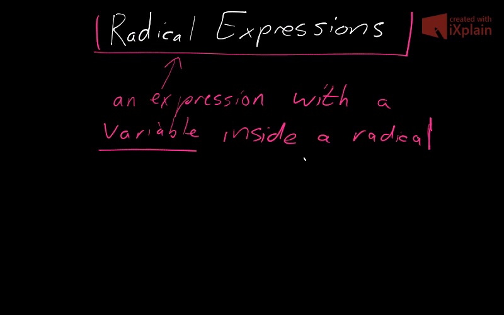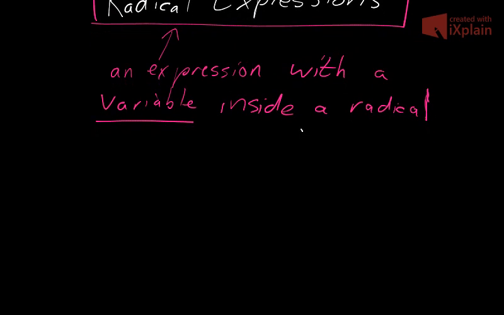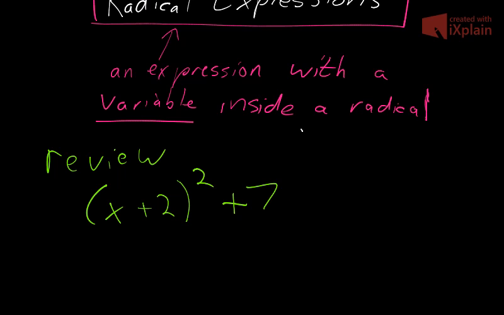So I want us to think about this very similarly to how we solved our equations where we had things like, let's review, something that looked like (x + 2)² + 7 = 12. And the way we would solve this is we would get our exponent alone first, because otherwise we couldn't really get rid of it.